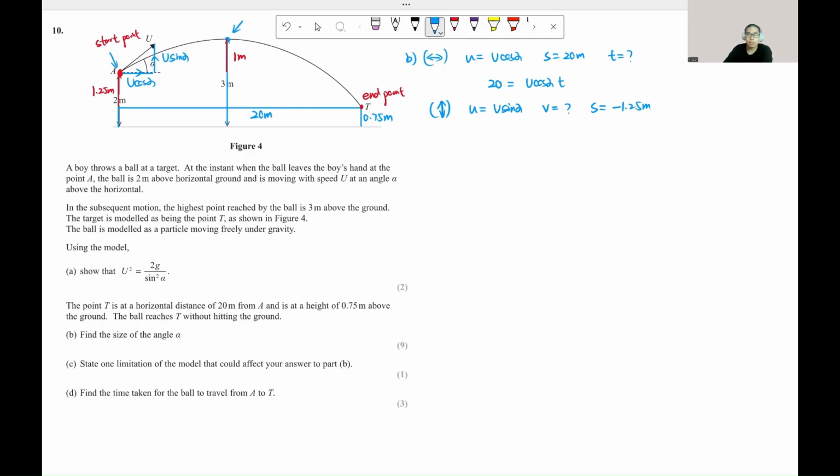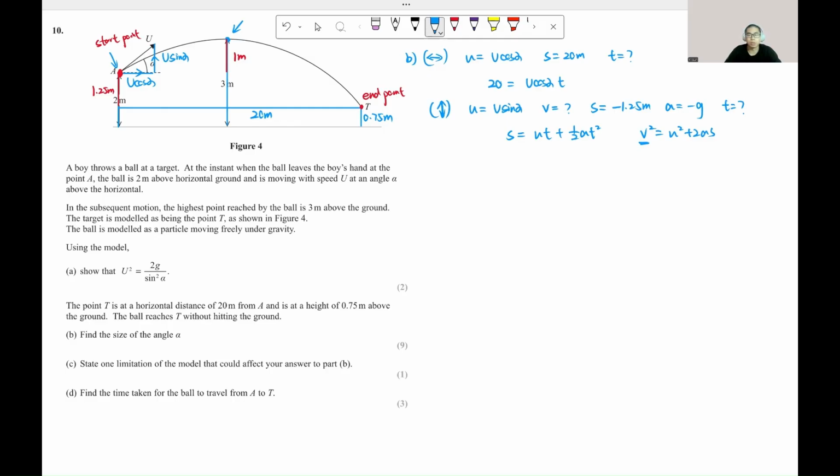So we know s, we know a, we know u, we don't know v, and we don't know what t is. So we can set up our second equation: s is equal to ut plus half at squared. The reason we use s equals ut plus half at squared and not v squared equals u squared plus 2as is because for this one, we don't know what v is.